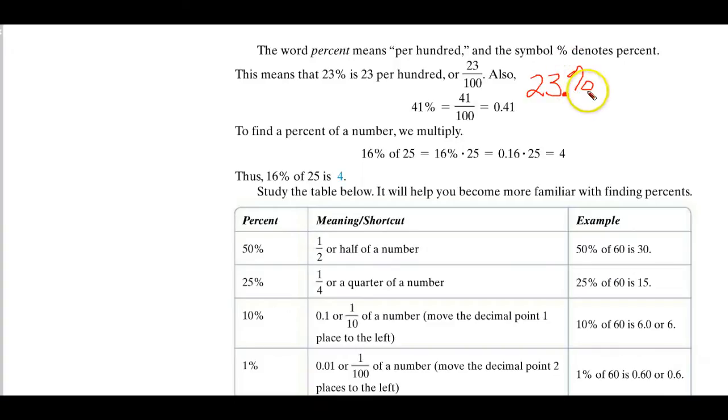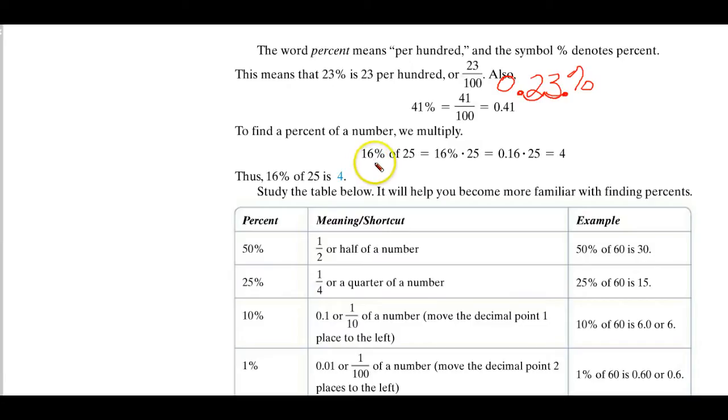You take away the percent sign, and we think of this as a 0 and a 0, and we move our decimal place over and then add a 0. So if we were to change it to a percent, we would move it over 2 places and add the percent sign.